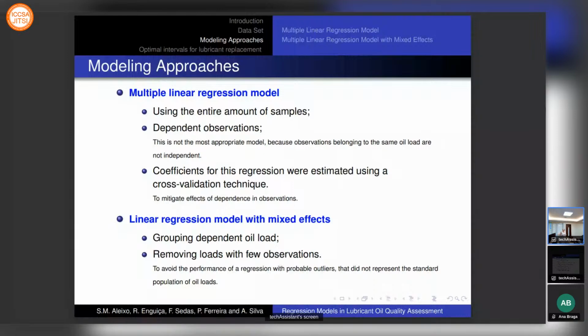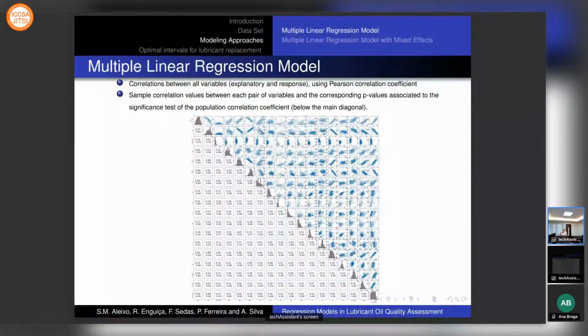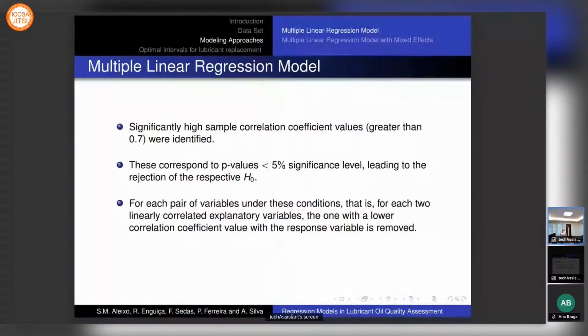Speaking about the first model, we analyze the correlation between all variables using Pearson correlation coefficients. The sample correlation values between each pair of variables and the corresponding p-values associated with the significance tests of the population coefficient were represented in this matrix. We can identify the significant sample correlation coefficients, which correspond to p-values less than 5%, leading to the rejection of the null hypothesis.